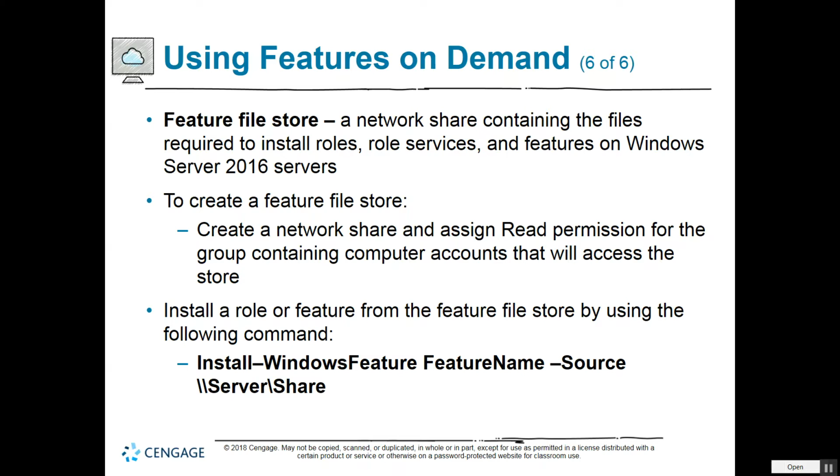You'll install a role or a feature from the feature file store by using the following command. The cmdlet is Install-WindowsFeature with the name, and the source is the server share.